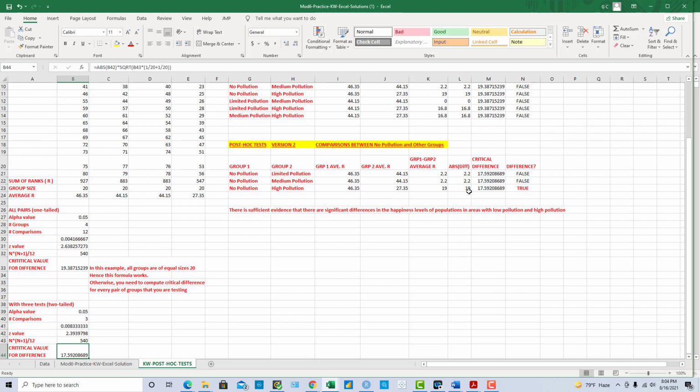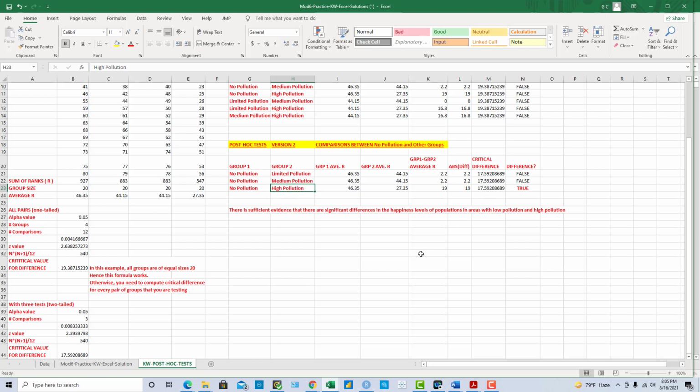So if you look at these, the no pollution and high pollution, we do get the absolute difference of 19. 19 is greater than 17.59, the critical difference. So we conclude that there is statistical evidence that no pollution and high pollution have statistically significant differences based on this analysis.